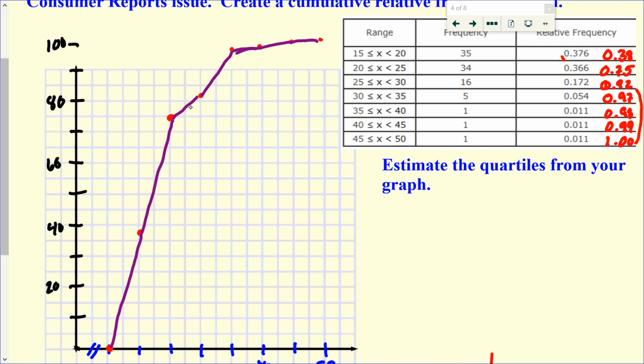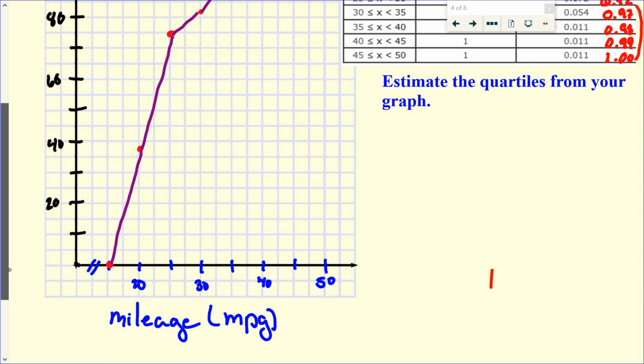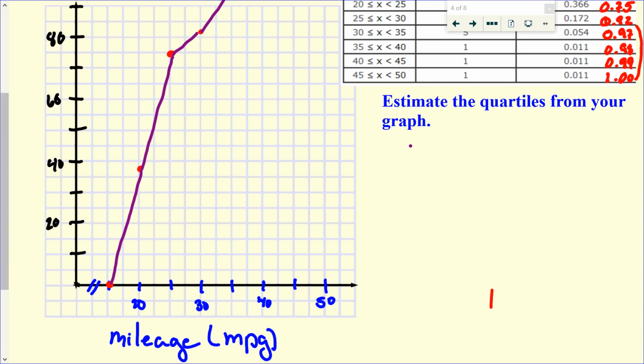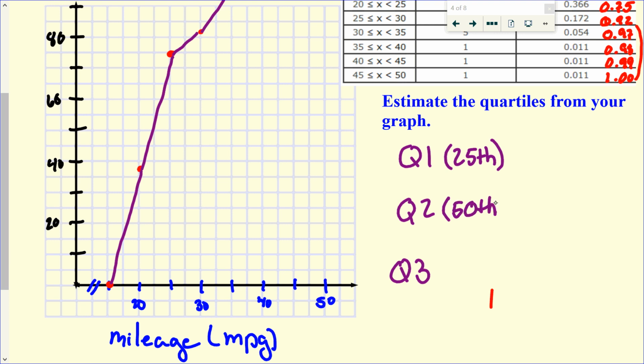There's our plot. Now we're going to use this one particularly to estimate quartiles. I'm going to estimate Q1, Q2, and Q3, and we know that Q1 is the 25th percentile, Q2 is the 50th, and Q3 is the 75th.